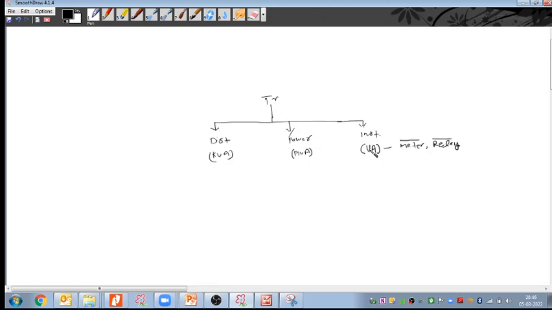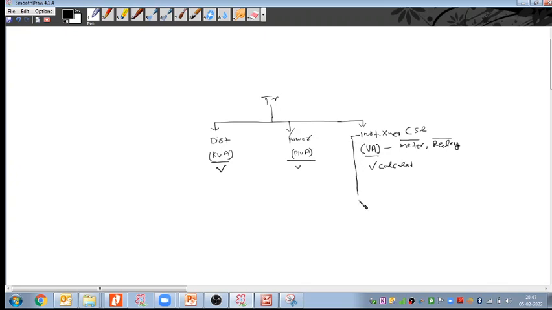That is why the rating comes in VA. The kVA rating in the transformer you will calculate or select separately. This VA and MVA rating we will discuss separately in the next module 3, and at present we are discussing the VA rating calculations, the selection and sizing of this instrument transformer.